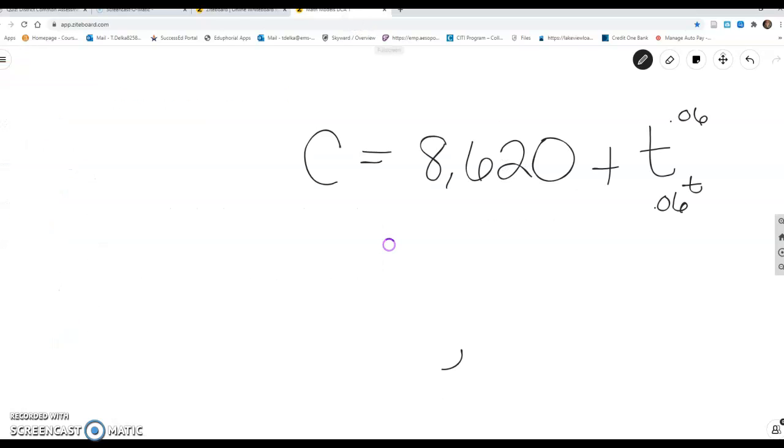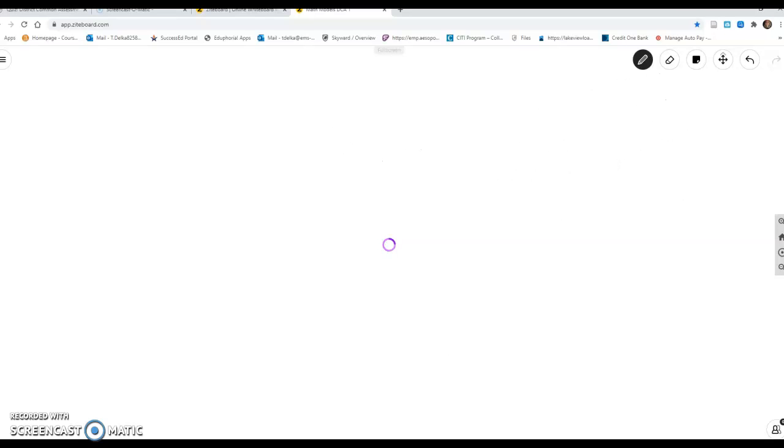Okay, let me erase this, get it all cleared off. Okay, so if we're talking about a savings account and it is at 4.5%, I need to know how to convert 4.5% into a decimal. Okay, guys? Riley, Peyton? All right.